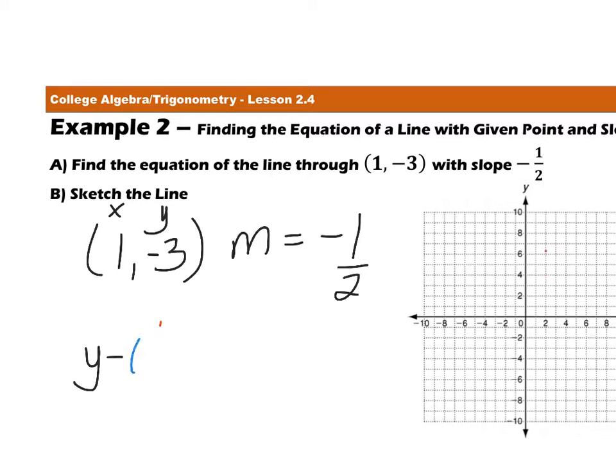Plus 3. Why is it plus 3? Because there's 2 negatives. Then it's my slope, which is negative 1/2, right? Times x minus what? All I did was plug in the point and the slope that they gave me.